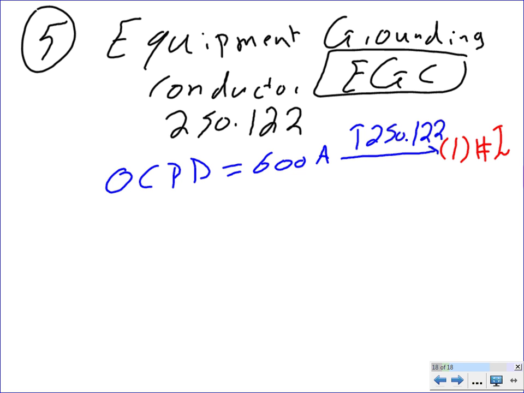How many runs are we paralleling? 2. Then the equipment grounding conductor has to go with each and every one of them. So 2 sets of 1 conductor, number 1.